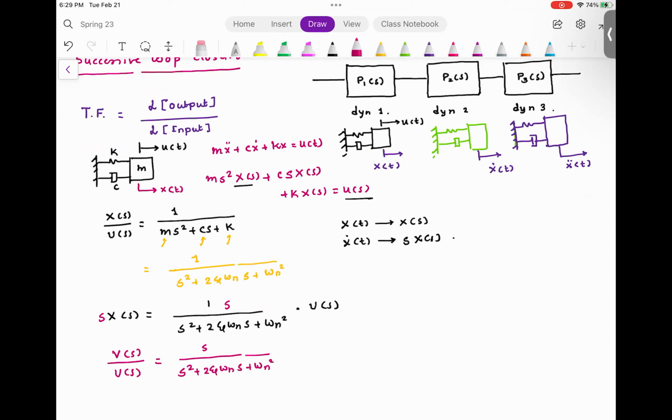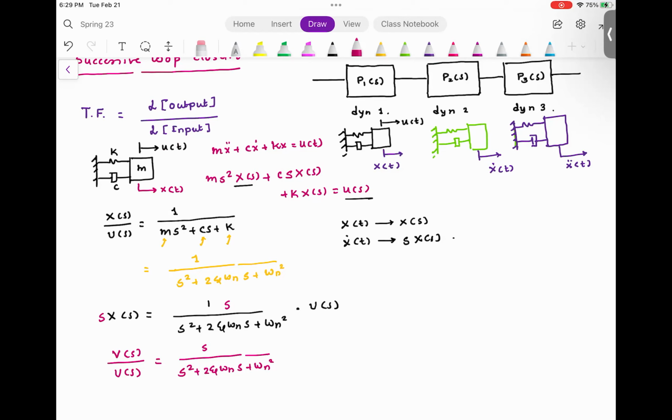Everyone understood this? If I were to do that for the acceleration, what would have changed? This will become a of s, and instead of s the numerator becomes s square. Everyone understood this?